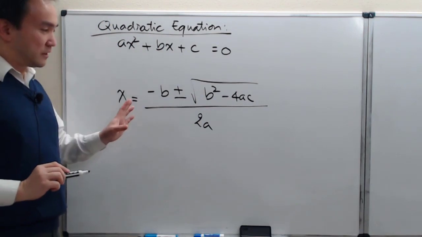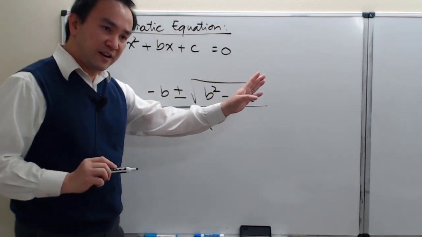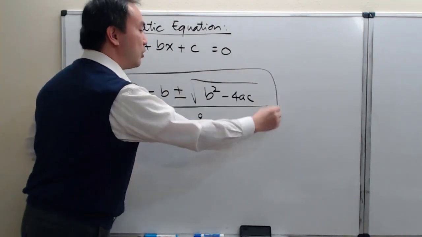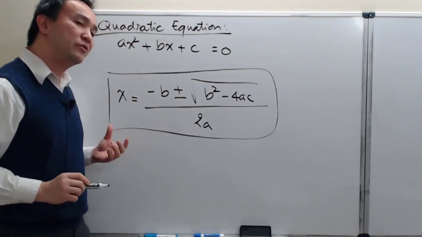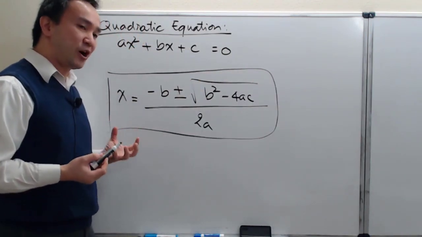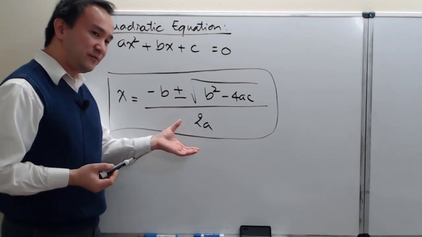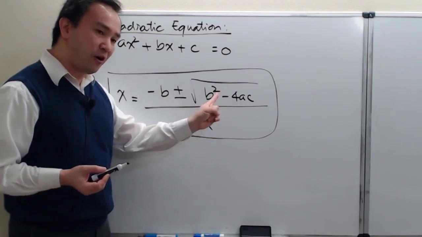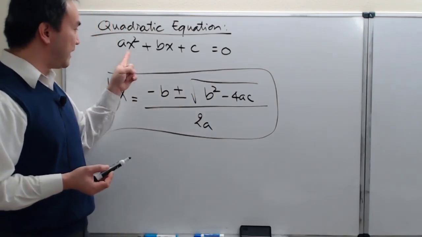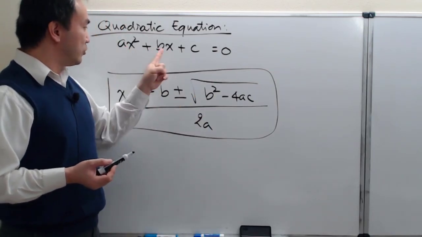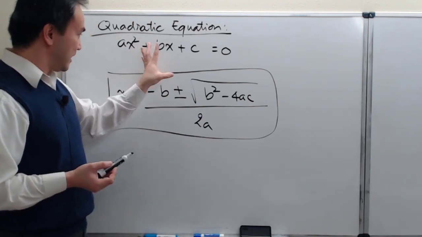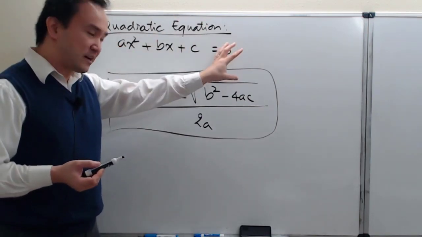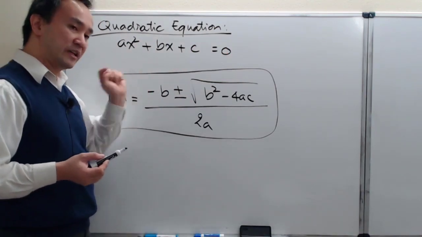The linear equation, as I have mentioned, and the quadratic equation just now, are the only two equations for which we really have a solid, definite formula to find a solution. If we follow this formula, we will be able to find the value or values of x that make the left-hand side equal to the right-hand side in a quadratic equation like that.